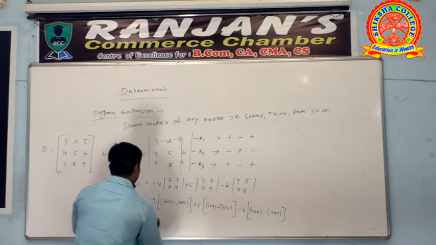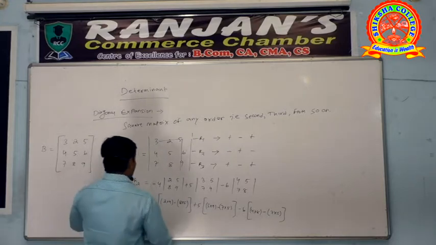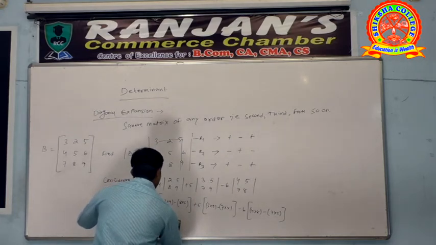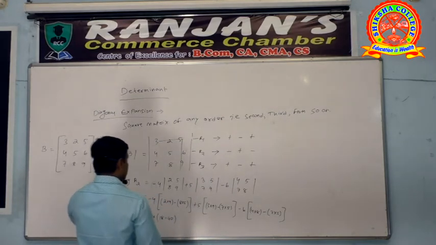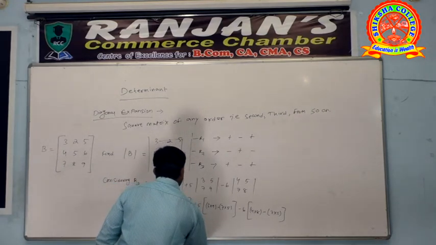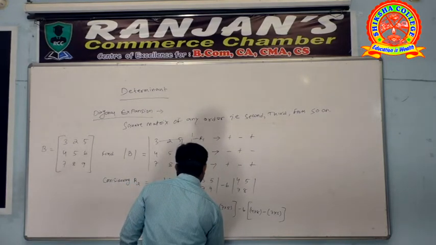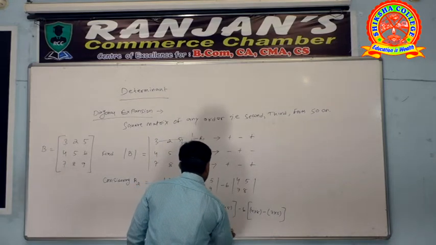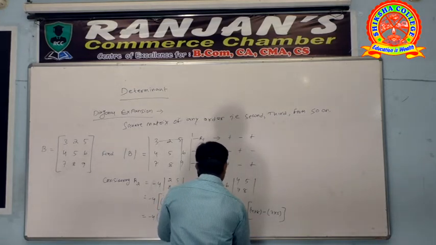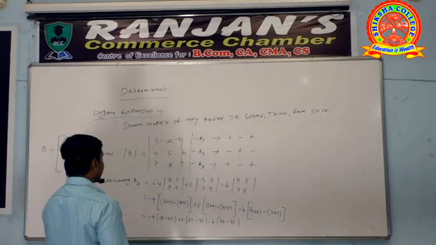Now minus 4 into 9 twos are 18, 18 minus 8 fives are 40. Then plus 5 into 9 threes are 27 minus 7 fives are 35. Then minus 6 into 8 fours are 32 minus 7 fives are 35. Okay.